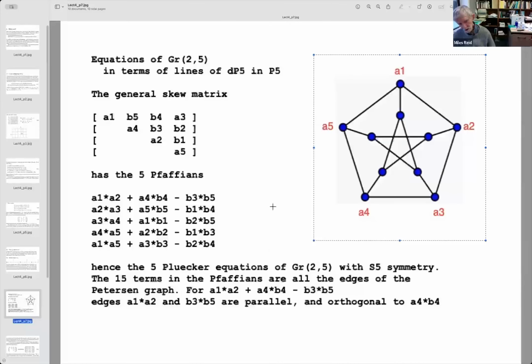So this Petersen graph is completely determined by the root system of A4, and it has that amount of symmetry. It doesn't have top to bottom symmetry. There is no symmetry that swaps the A's and the B's.